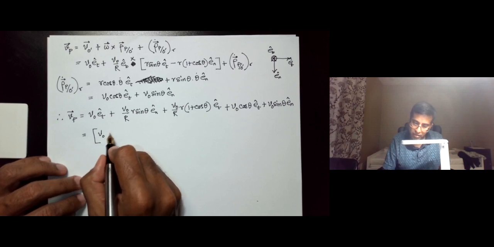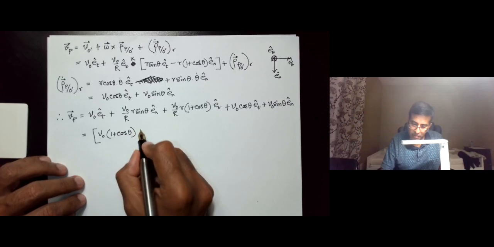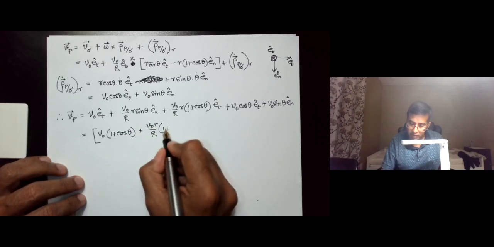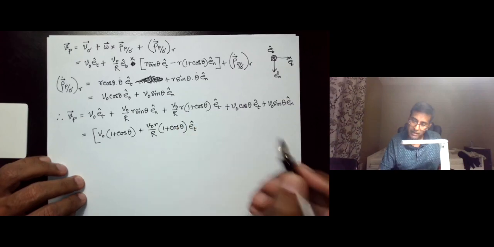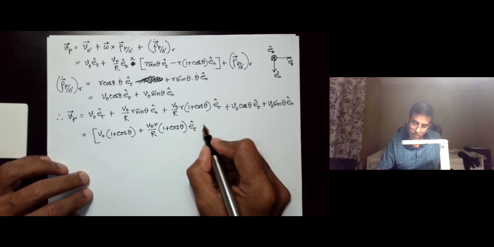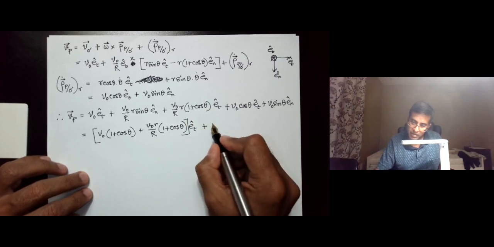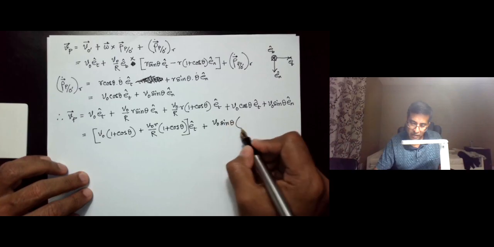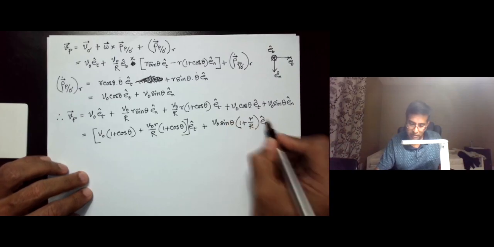We'll have V0 times 1 plus cosine theta plus V0 small r over capital R times 1 plus cosine theta ET, so that's in the ET direction, plus V0 sine theta times 1 plus small r over capital R EN.